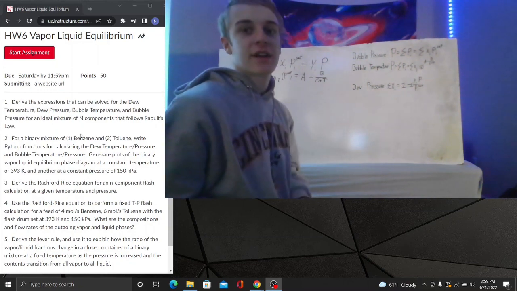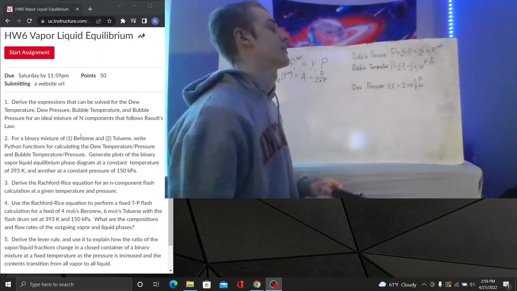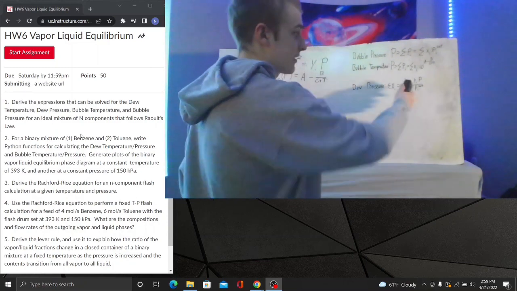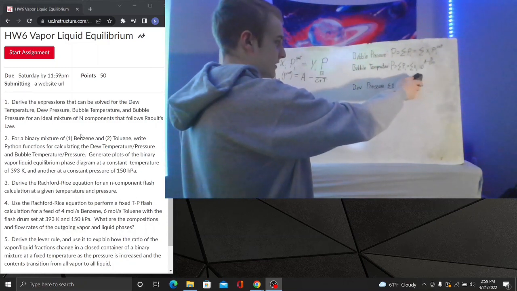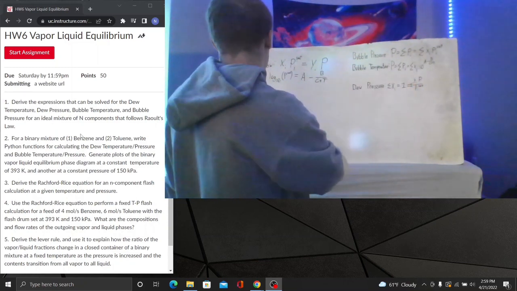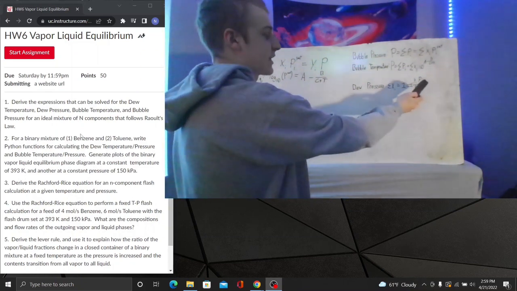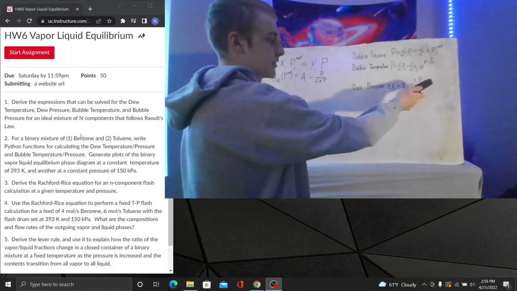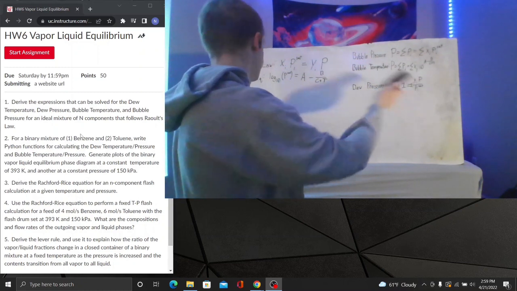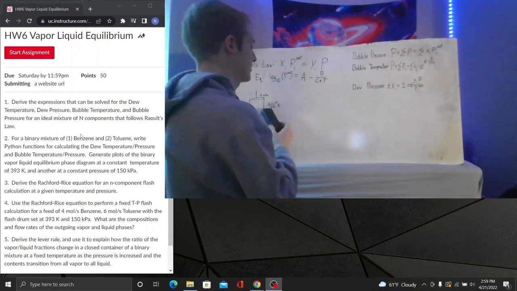So now we just need to figure out what we know and what we are looking for. We are going to know this mole fraction of the gases from our container here. And we can also calculate the pure saturation vapor pressure from the Antoine equation using the temperature that we are given.